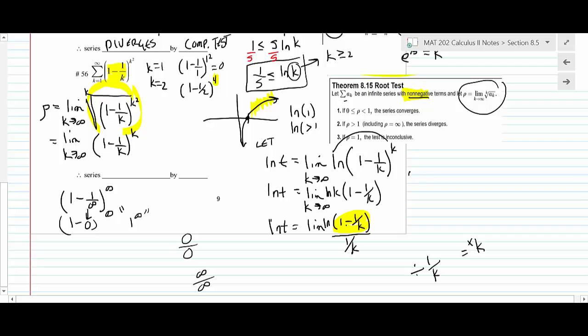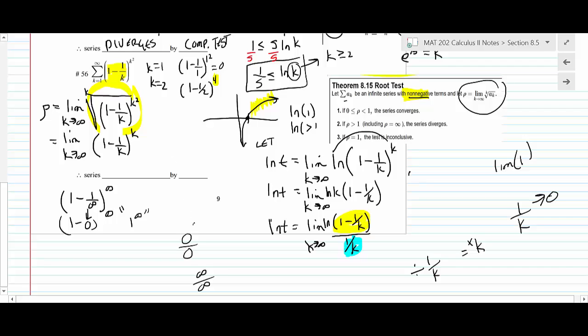What is the ln of 1? 0. What would be the value of the denominator if you go to infinity? So we have a 0 over 0 limit. Is that clear to everybody? You're just doing the limit of 1 over k, because if k goes to infinity, 1 over k goes to 0. Agreed? Okay, are we good?